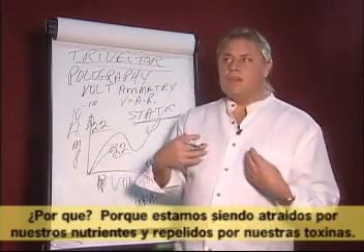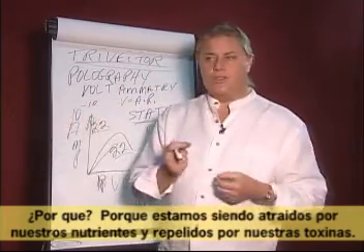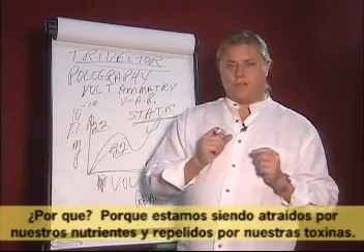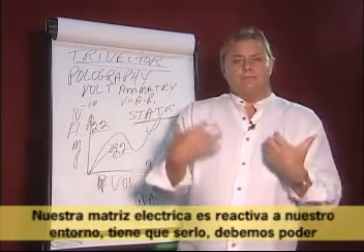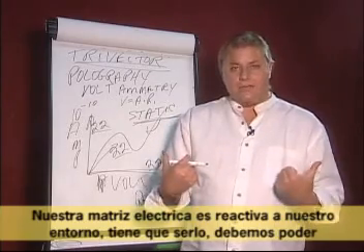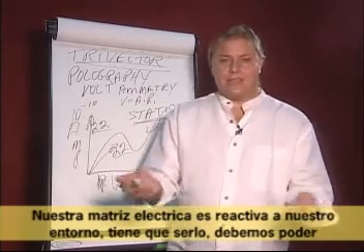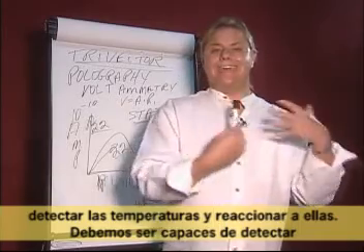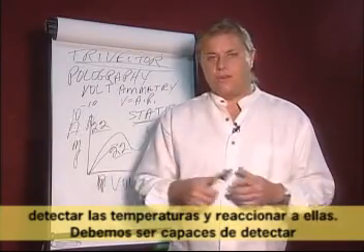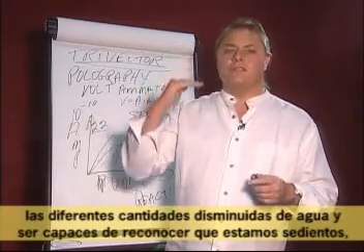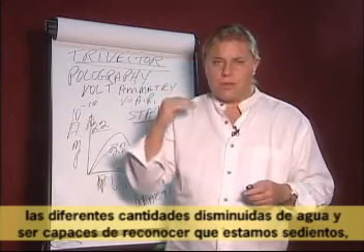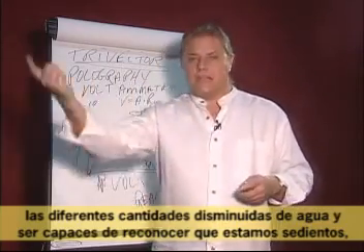Why? Because we are being drawn towards our nutrition and we are being repelled away from our toxins. Our electrical matrix is reactive to our environment. It has to be. We have to be able to detect the temperatures and react to them. We have to be able to detect the diminished quantity of water and be able to recognize that we're thirsty.